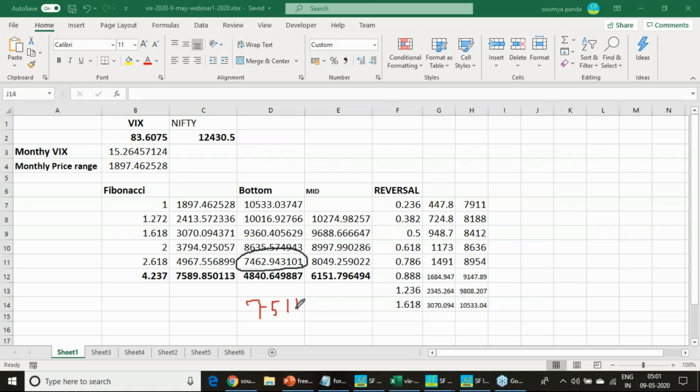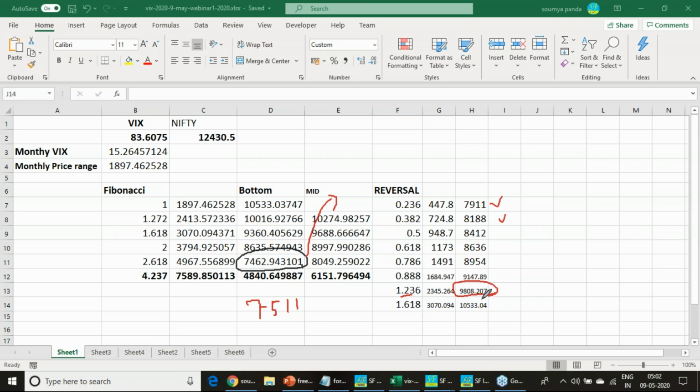On that very day, I also calculated the reversal points: once it reverses from here, which price points it will encounter or touch in between, and to which point it should go.